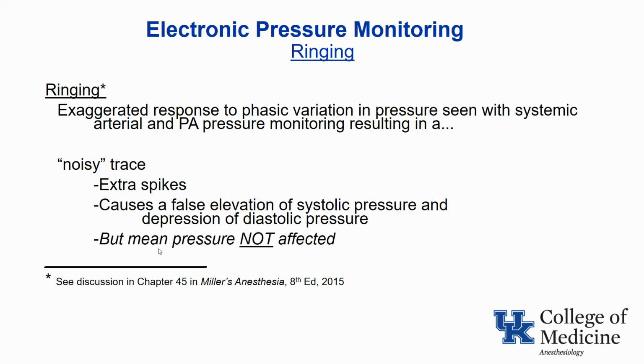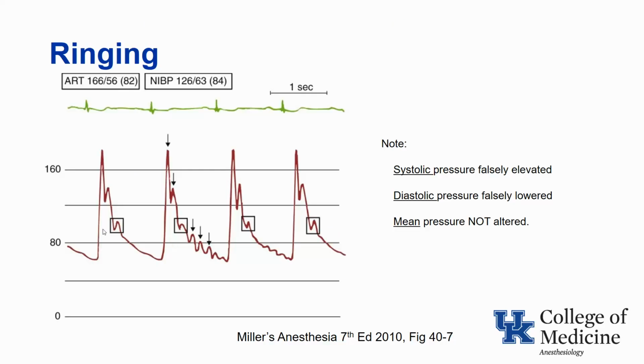But fortunately, it does not affect the mean pressure, which is again one of the reasons I favor monitoring mean arterial pressure. This is an illustration of ringing, and note these extra spikes on the trace, and it causes a false elevation of systolic pressure and a false depression of diastolic pressure, but the mean pressure isn't affected.